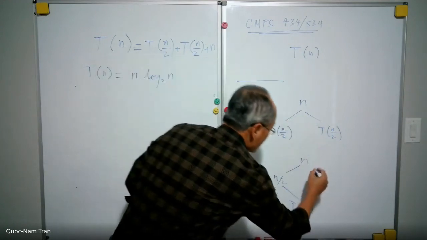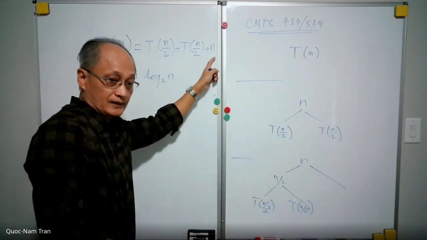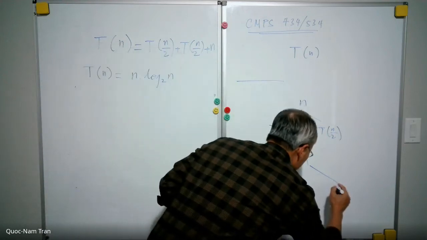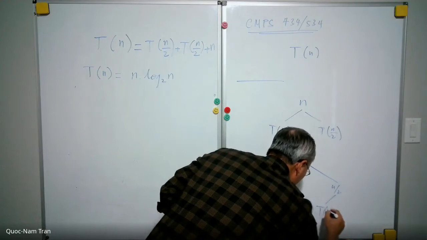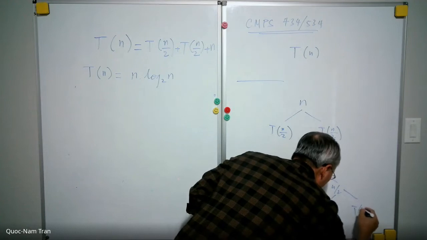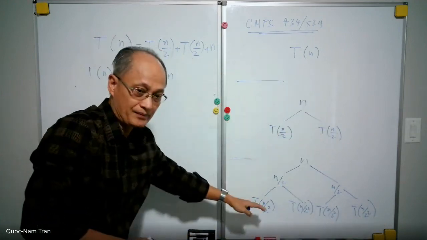Similarly, on the right-hand side, we do the same thing. We start with the extra cost n/2, and then we have T(n/2^2) and T(n/2^2). So this one is step by step.